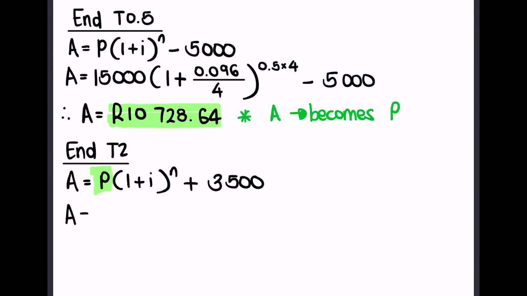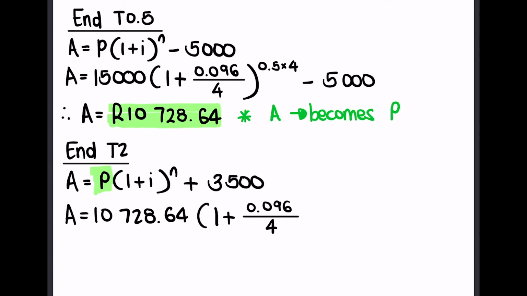So A is equal to 10,728.64 into 1 plus, the interest remains constant for this question, 0.096, but it's compounded quarterly, so I divide it by 4, raised to the power of 1.5 times 4 because I put my n value onto my diagram, and don't forget to carry down your plus 3,500.